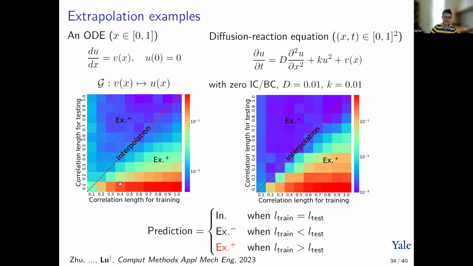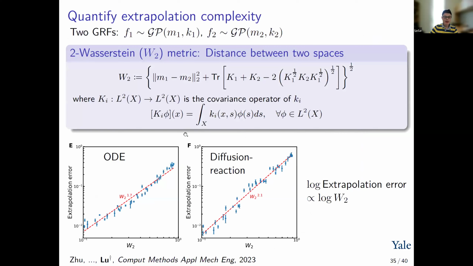So we try to address this issue of extrapolation. How can we still have good accuracy even for extrapolation? But before that, we propose a way to quantify the complexity of extrapolation. Assuming we have two spaces, F1 and F2, from Gaussian random fields, we can apply a metric called the W2 metric, with the equation shown here, to measure the similarity or distance between two spaces.